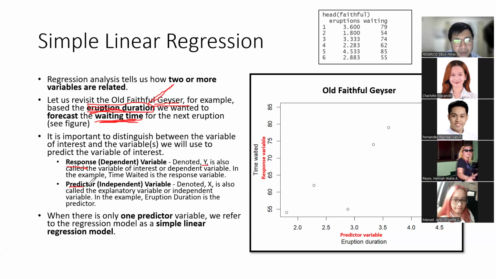And then the other one is the predictor or the independent variable, usually denoted x. And it's also called the explanatory variable. This variable is what we use as an input when we're trying to make a forecast on the value of variable y.